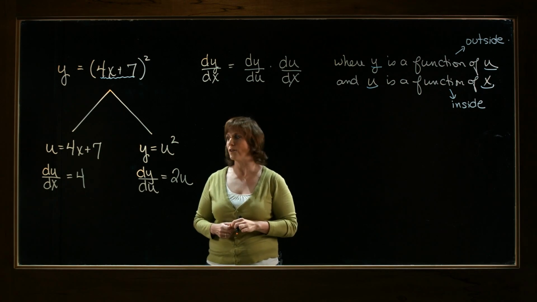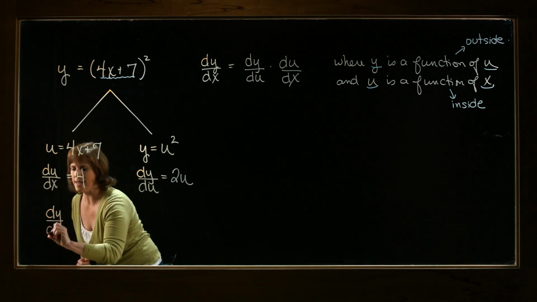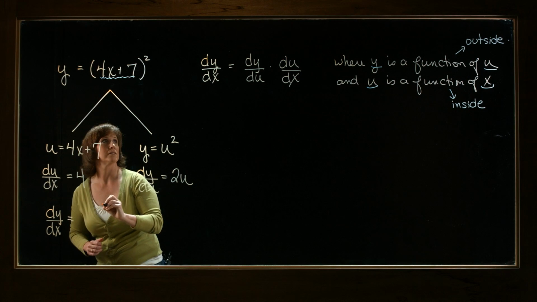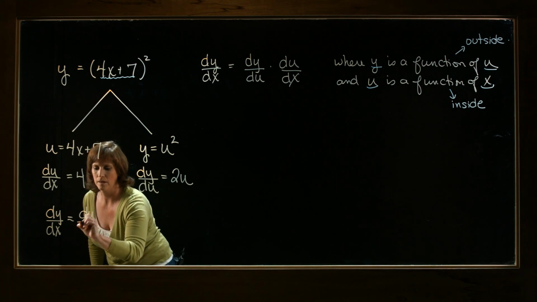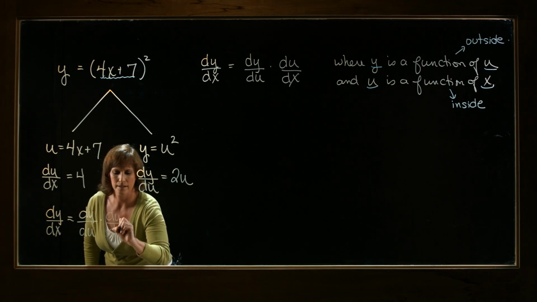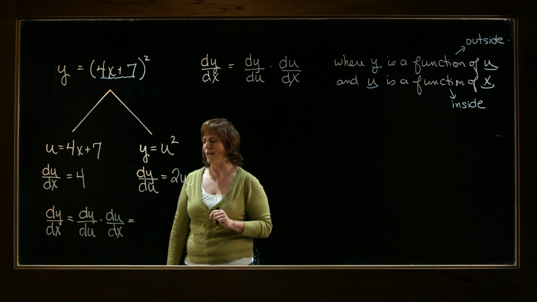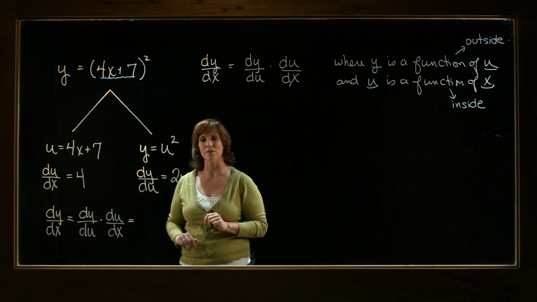Now I can put it all together in the chain rule. dy/dx equals dy/du times du/dx. Well, let's take a look at dy/du for a minute. I would like this to all be in terms of x.